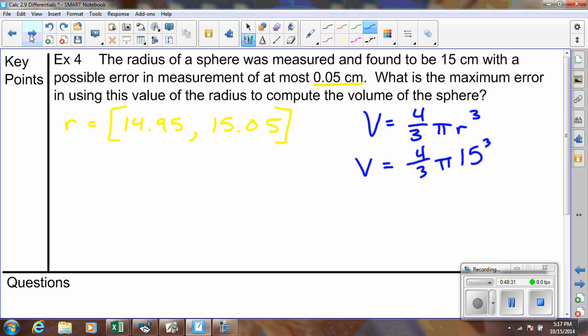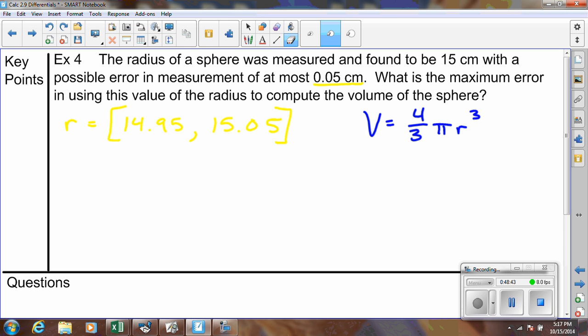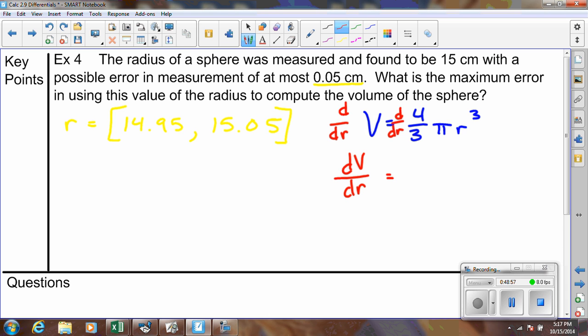Answering that question plays a role, because we could take the volume formula. Well, I've already got it written there, so I'll just continue it here. If we take the derivative of both pieces with respect to r, we'd get dV/dr equals 4 pi r squared.